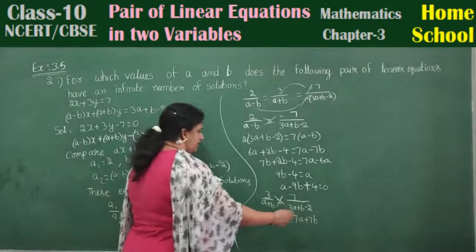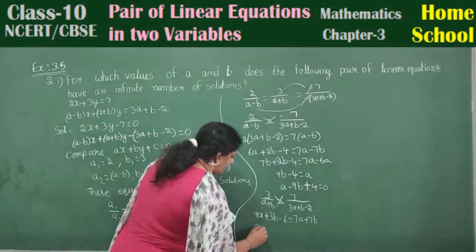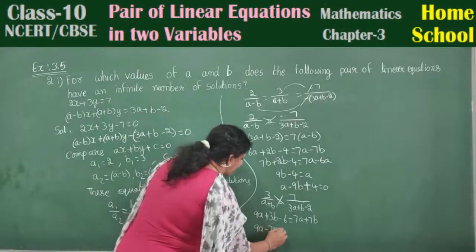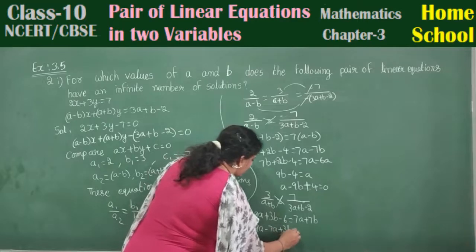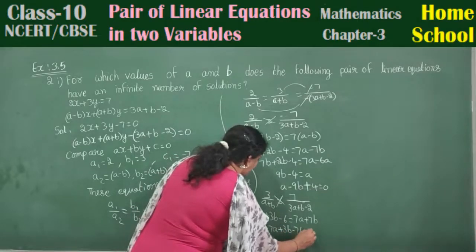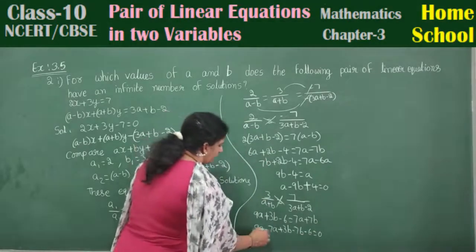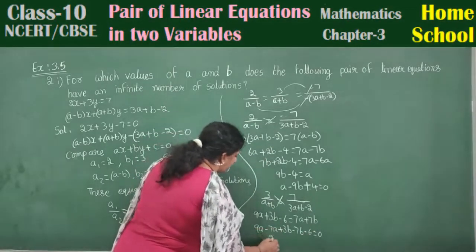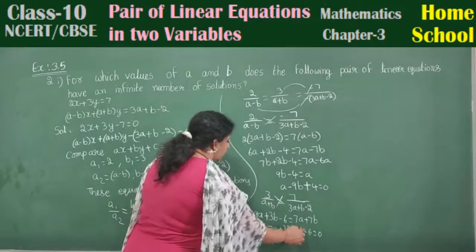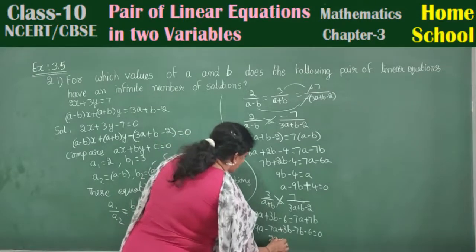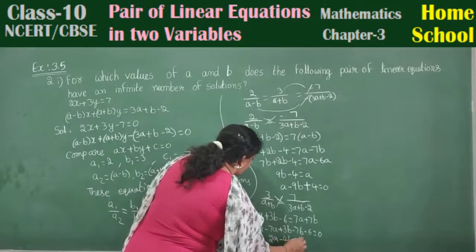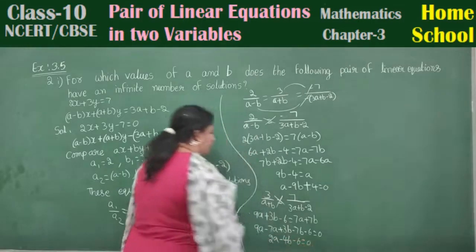Bring this a and b this side. 9a minus 7a plus 3b minus 7b minus 6 equal to 0. Okay. 9a minus 7a, 2a, 3b minus 7b, minus 4b, minus 6 equal to 0.